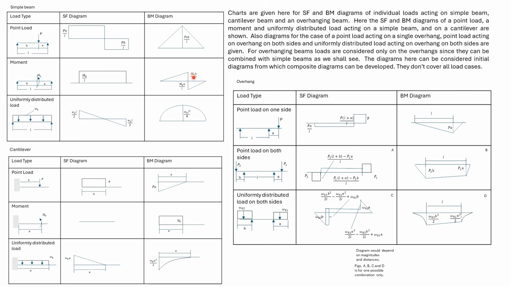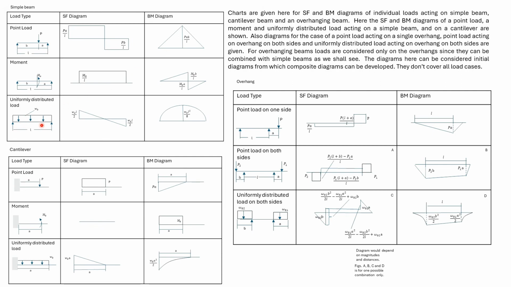Then there's a sudden drop in the bending moment diagram. After that, the bending moment increases till it reaches zero at a distance a from where the moment is acting. If the direction of the moment is opposite to this, then both these diagrams will be inverted.